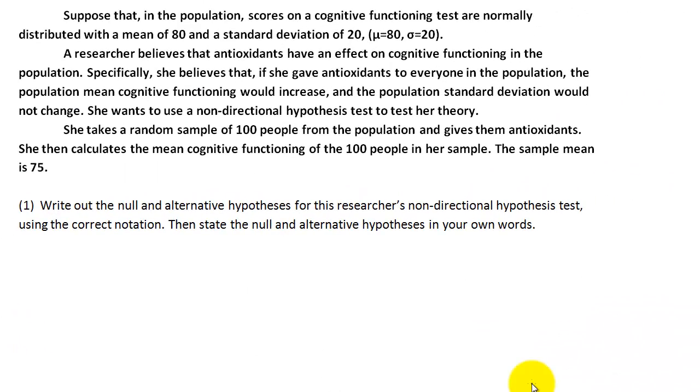Just like the last practice quiz, write out the null hypothesis and alternate hypothesis for the researcher's non-directional hypothesis test using the correct notation. Null hypothesis H0: mu sample mu.